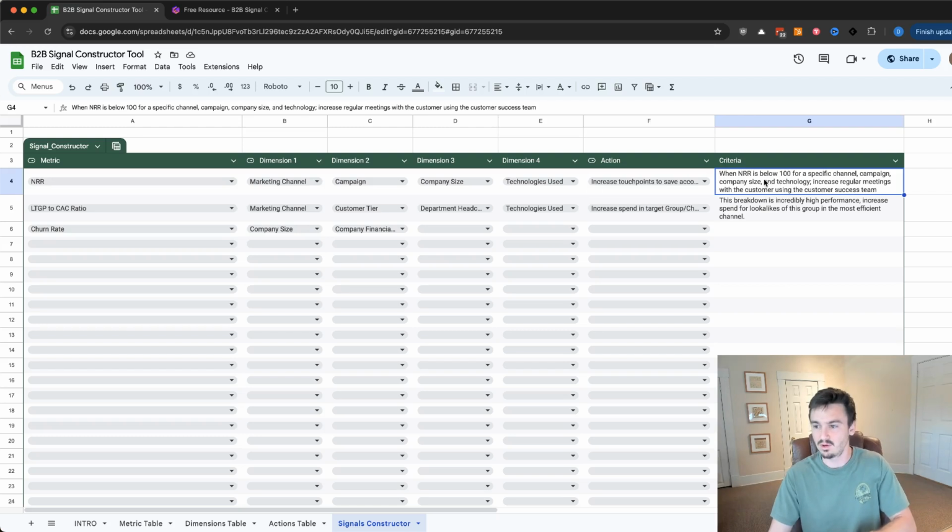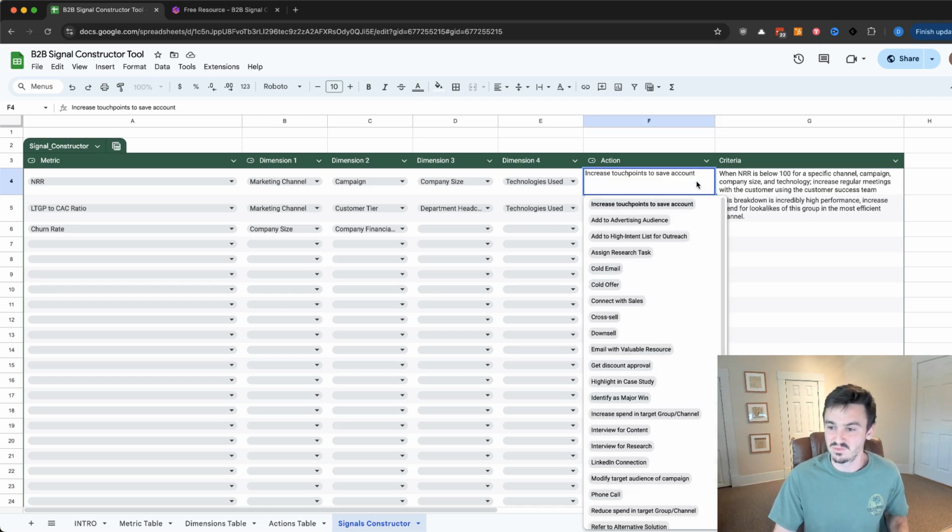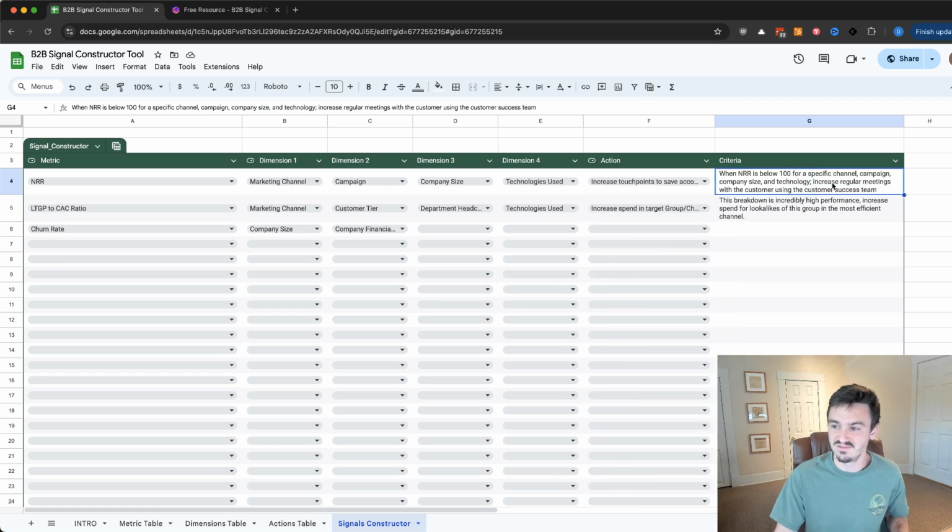So when NRR is below 100% for a specific channel, campaign, company size, and technology, increase regular meetings with the customer using the customer success team. So the action we took was increase touch points to save account.